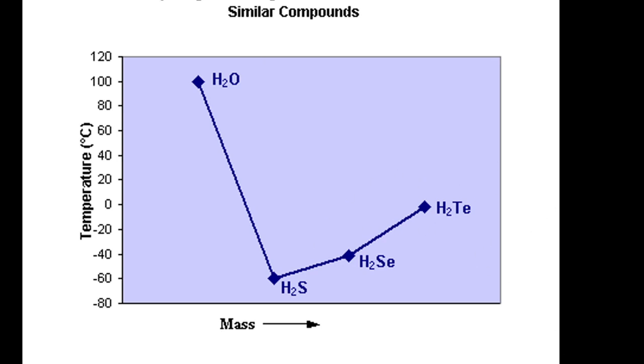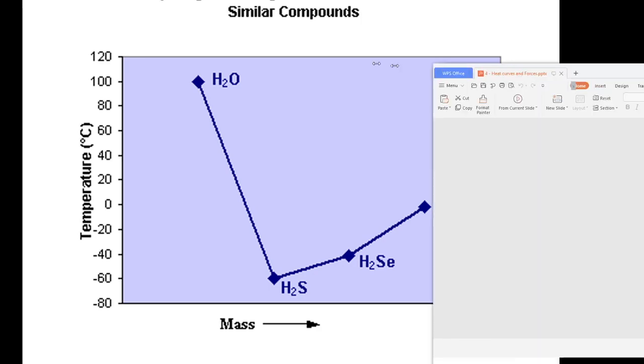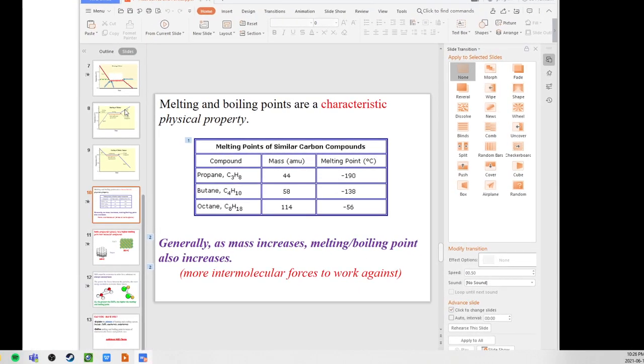And I'm just going to bring this over really quickly. This was from an old PowerPoint, from heat curves and forces, lesson 4. We talked about how generally as mass increases, melting and boiling point also increases. So we had our mass increasing, like propane, butane, octane. Octane has the biggest mass, 114, so its melting point was the highest.